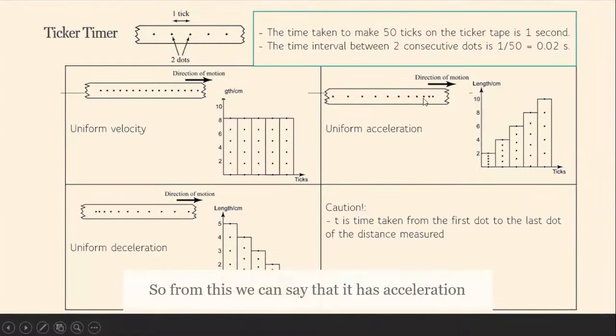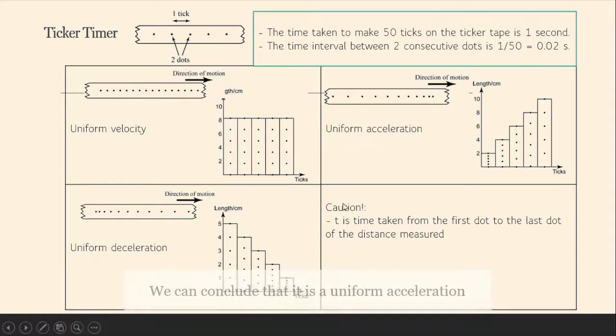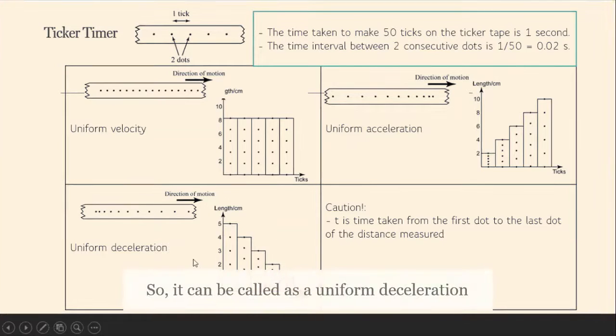So from this we can say that it has acceleration. So we can conclude it is a uniform acceleration. The next one, at first it has a bigger distance and now shorter, so it can be called uniform deceleration. Caution: t is the time taken from the first dot to the last.